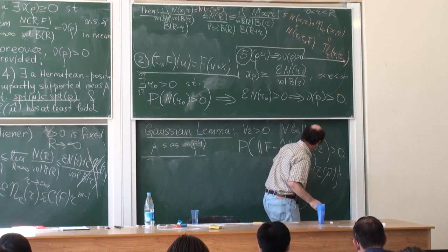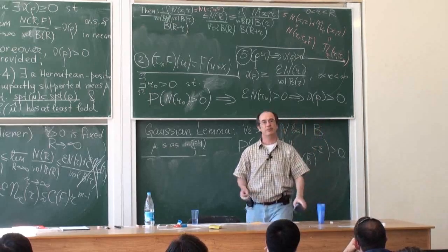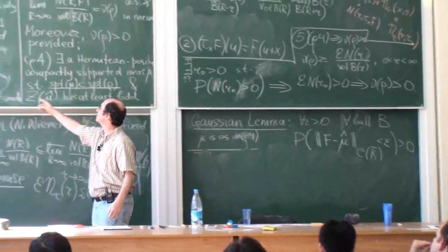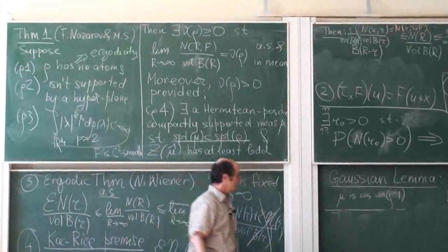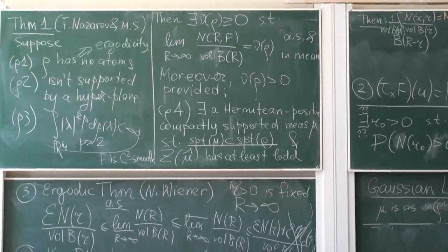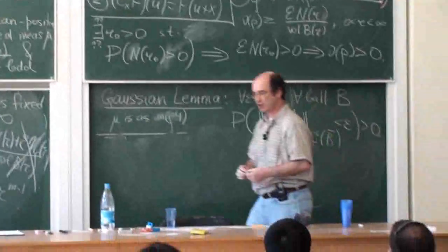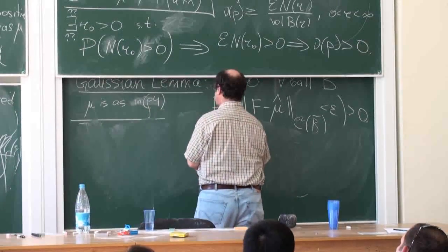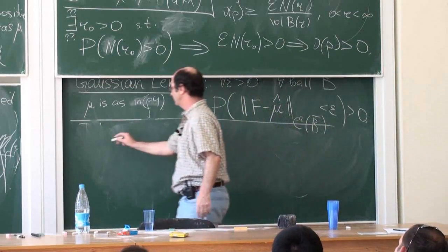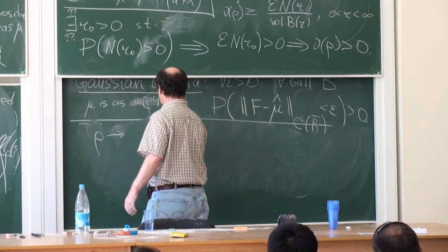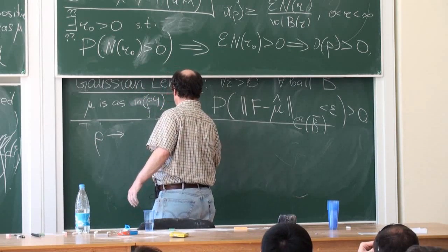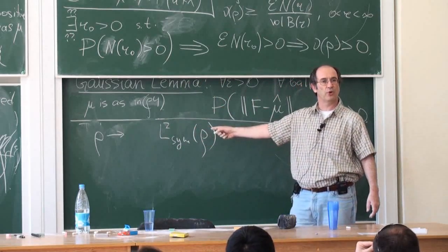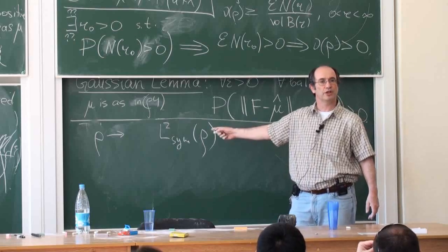Look, one way to think about a Gaussian process is to start with covariance. Another way is to start with the spectral measure. If we start with a spectral measure rho, then we can build the space of functions which are in L2 of rho and symmetric with respect to the origin.